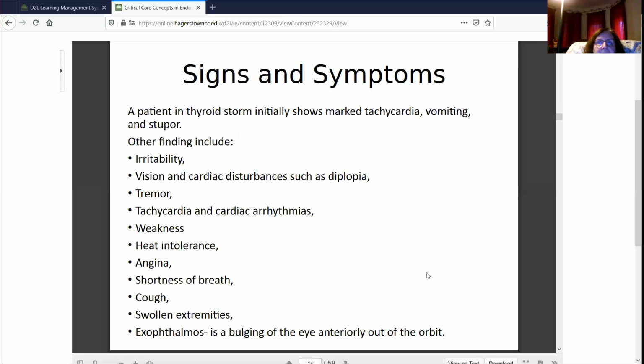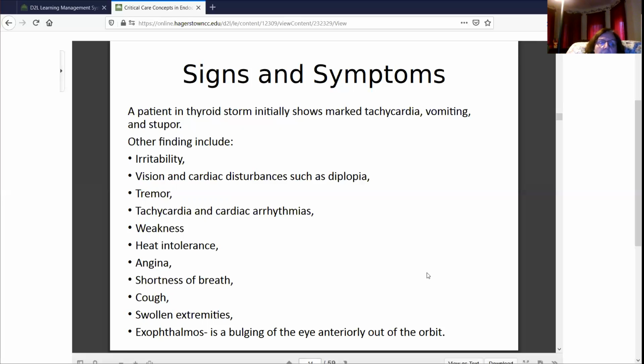So, signs and symptoms, a patient in thyroid storm initially shows marked tachycardia, vomiting, and stupor. Other findings include irritability, vision, and cardiac disturbances, such as diplopia, tremor, tachycardia, and cardiac arrhythmias.